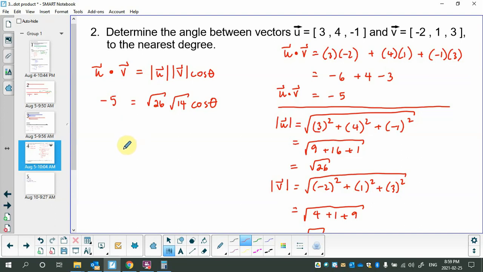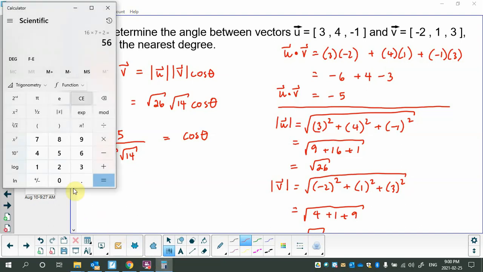So here is something that's going to be a challenge for some of you. This reaches back into grade 11 math. It also reaches back into advanced functions. So I am going to try to get cos theta all by itself, which means I need to take negative 5 and divide it by root 26 and root 14.